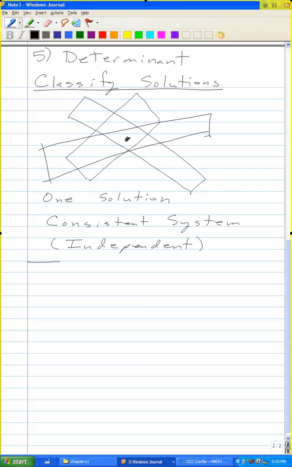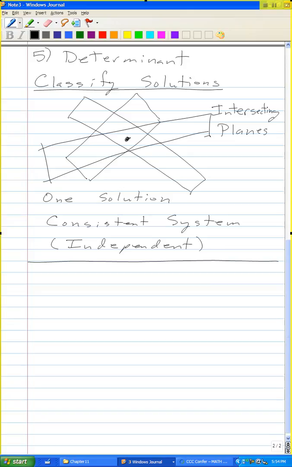Okay, let's look at the case of intersecting planes.